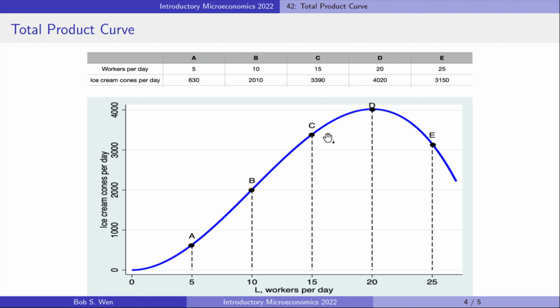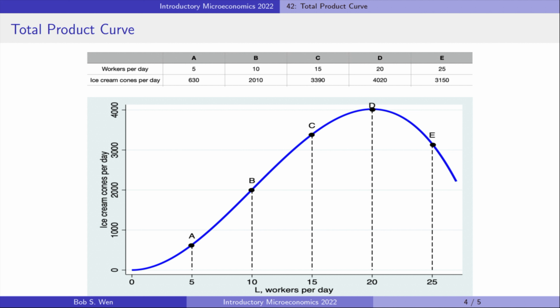When the number of workers increases to 20, the total product rises to 4,020. It is point D. Finally, point E represents 25 workers per day and 3,150 ice cream cones produced per day. We connect the points and get the total product curve.